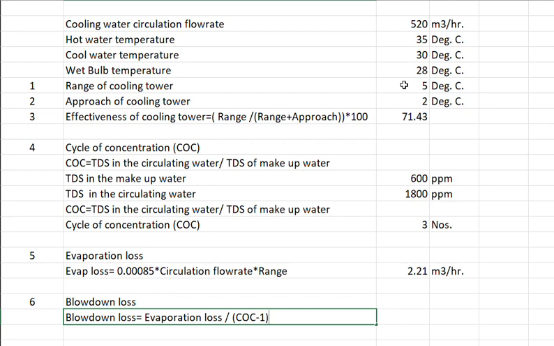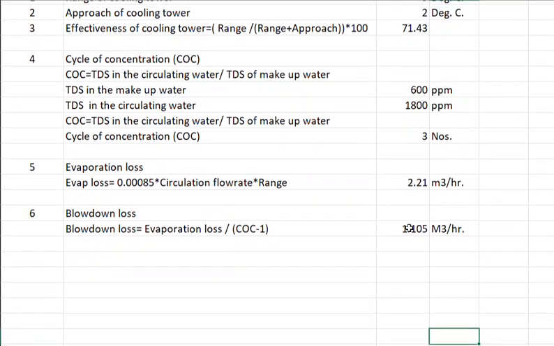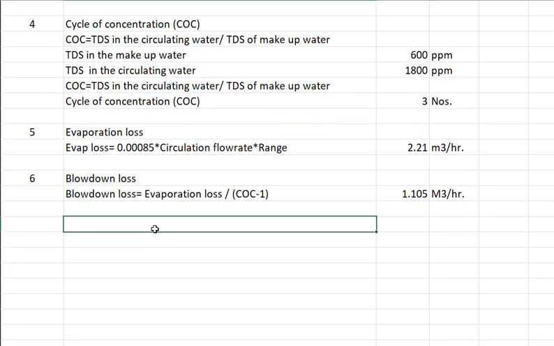Now you got the idea about the COC, the cycle of concentration which we have already calculated. So it's 1.10 meter cube per hour is the blow down rate, which we need to blow down after reaching the TDS level of 1800 ppm.